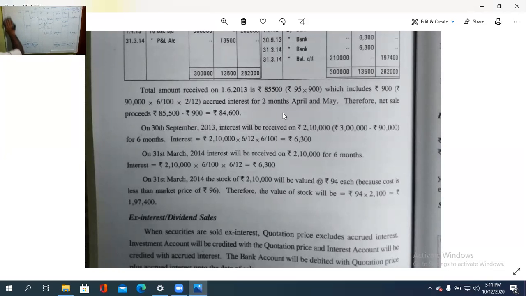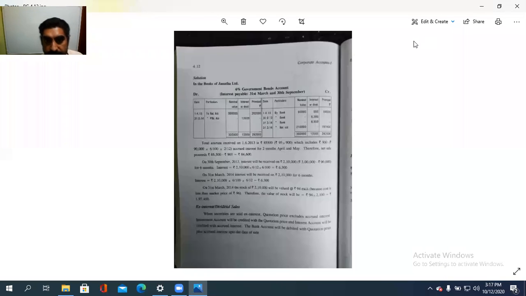Cum interest or dividend sale means it includes the interest value. That is, you see 85,500. Out of that 900, 2 months' interest is to be deducted. So 84,600 is the principal value, as you saw in the previous program.